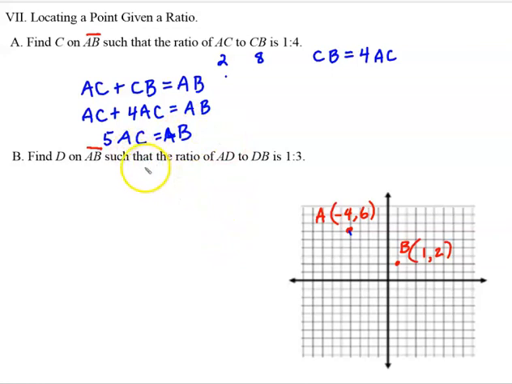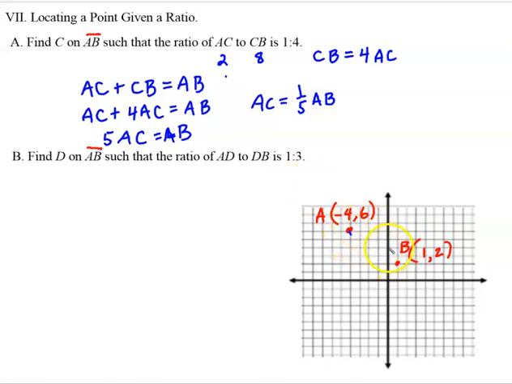And I can solve for AC by multiplying by 1/5 on both sides of this equation. So we know that AC is going to be 1/5 of whatever AB is. Okay, well, let's find out what the distance of AB is, sort of like what we just did.